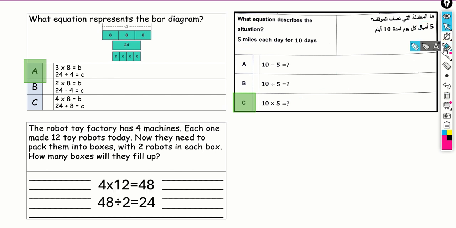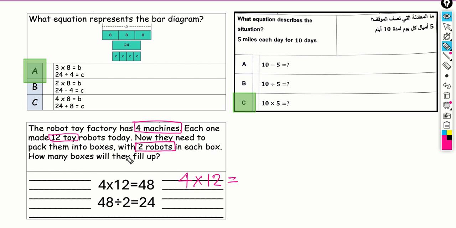Now here, if you read this, the robot toy factory has 4 machines. Each one made 12 toys. So 4 times 12. Now they need to pack them into boxes with 2 robots in each box.